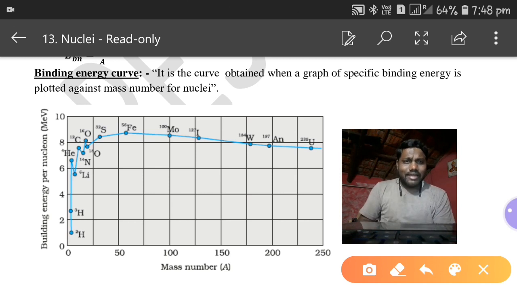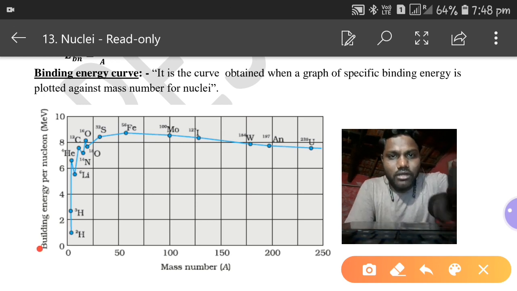Looking at this graph, it is clear that for lighter nuclei and for heavy nuclei, the specific binding energy, or binding energy per nucleon, is very less.